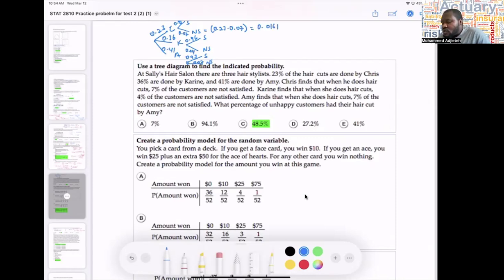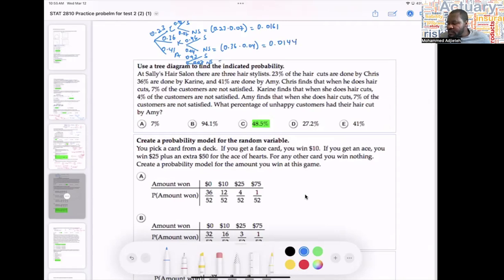So we are just focusing on the not satisfied. You are not satisfied given that your hair was done by Karen, you are going to get 0.36 times 0.04. You can use your calculators to do that. That is 0.0144.